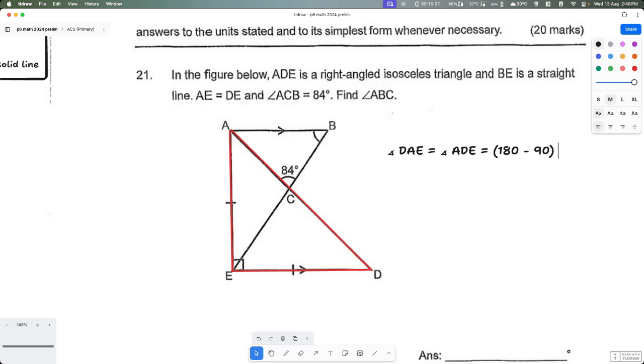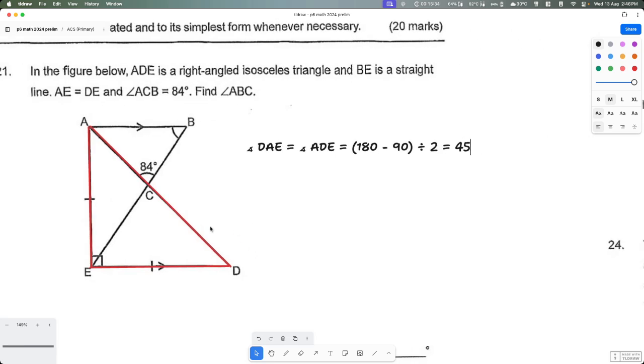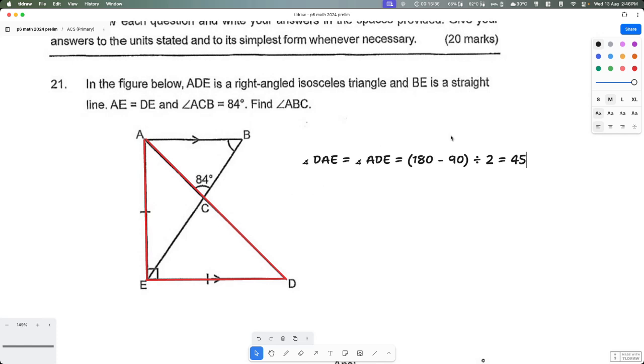So 90 divided by 2 is 45. So we know over here that this is 45 degrees.